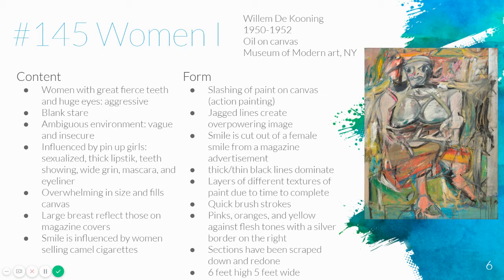You can visualize that it was not carefully laid down or even traditionally laid down, but slapped down, smeared down, that you can imagine basically the action of the artist putting this paint on the canvas, okay? We have extremely jagged lines that create an overpowering image. The smile, though, interesting enough, the actual smile, the actual teeth, is a magazine cutout, okay? So everything is a painting except that collaged part right there.